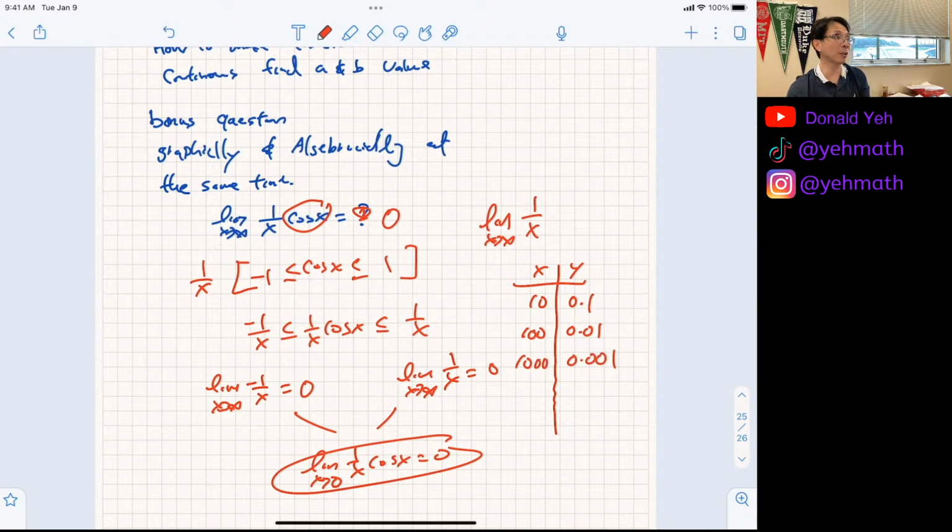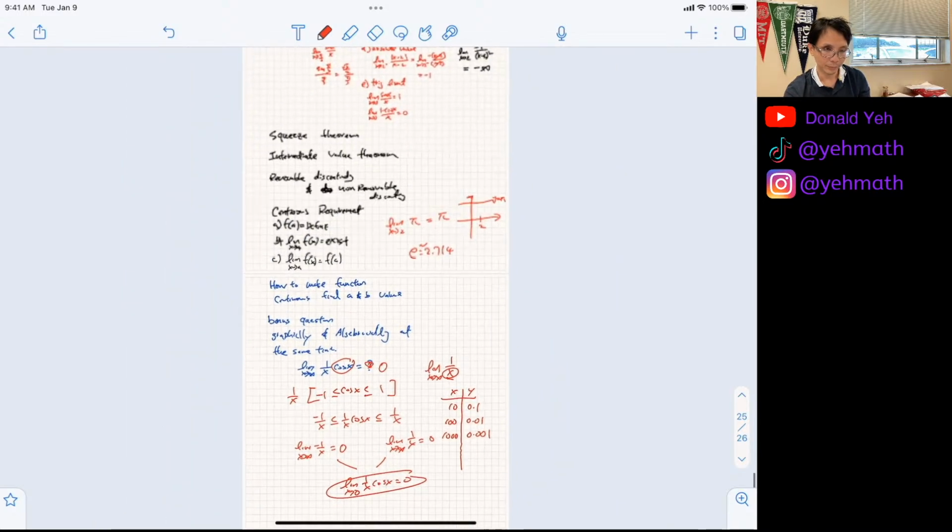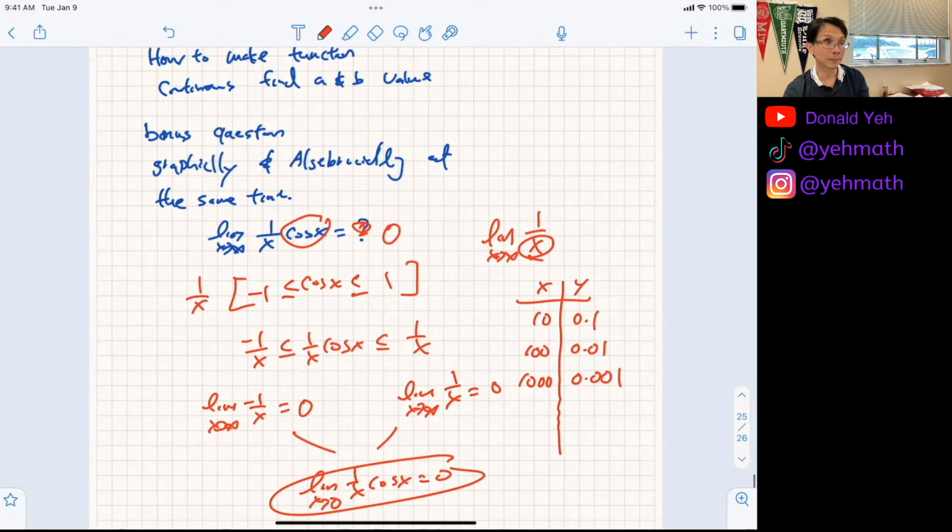So the value goes toward 0. What if it's 1? Yes, but we are approaching infinity, so the denominator is increasing to infinity. So 1 over infinity is equal to 0.